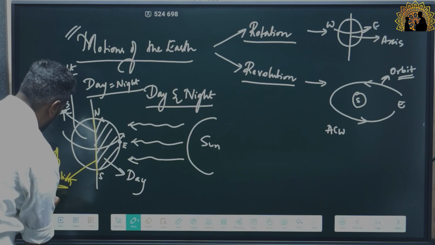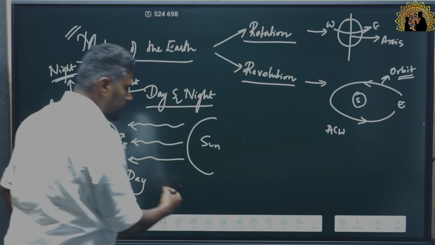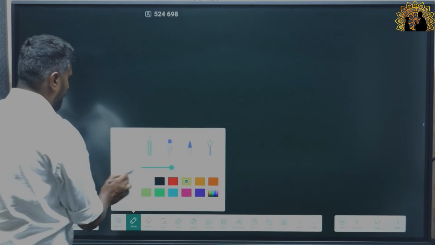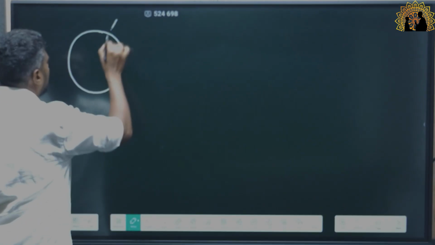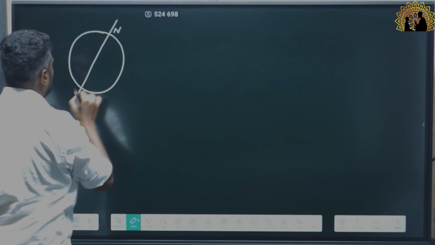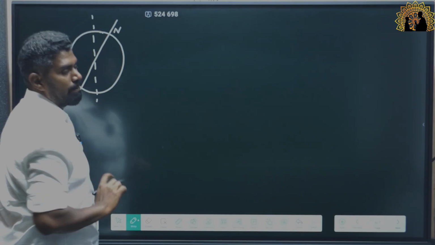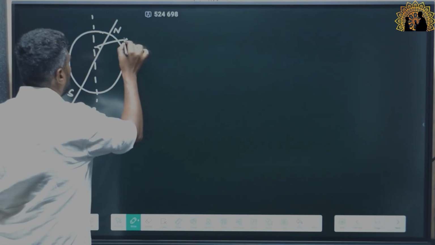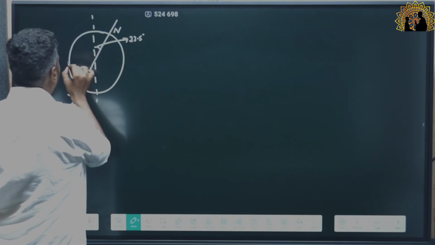Okay, circle of illumination. It is important because the Earth's axis, that is north pole and south pole, is slightly tilted. Unlike a perpendicular, it is tilted by almost 23.5 degree, or 66.5 degree if I take it from the orbital plane.